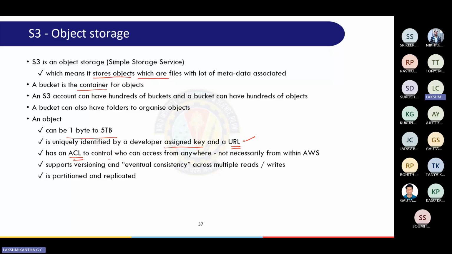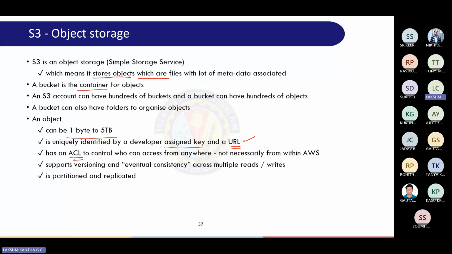And what about durability and scale? Once I'm talking about durability and scale, S3 is a highly durable service. So it supports versioning. The meaning of this is if you overwrite the file, you can retrieve the old version. So it is highly partitioned and replicated for massive scale.